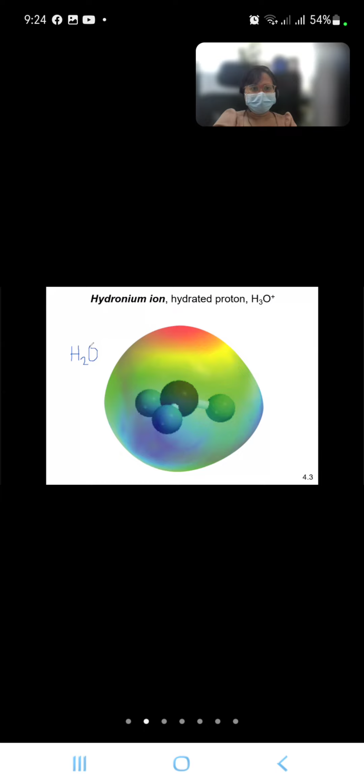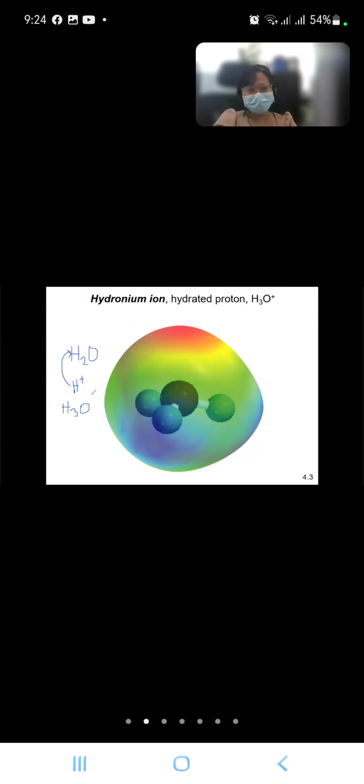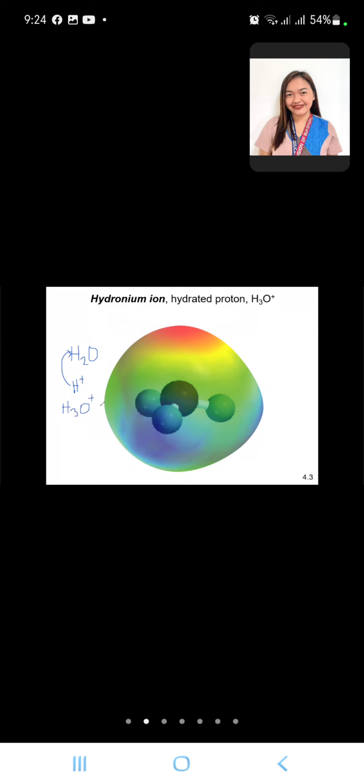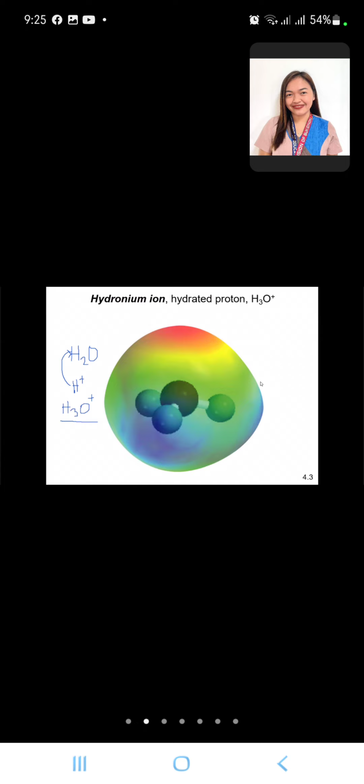Then, the hydrogen coming from hydrochloric acid is bonded to water. So, one hydrogen is added. So this becomes H3O. Then it is charged because there is an extra proton. Okay, so H3O plus. So we call this hydronium ion or hydrated proton.